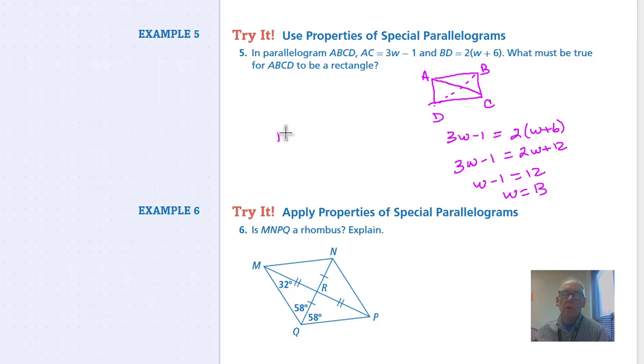So if w equals 13, AC is going to be congruent to BD, and parallelogram ABCD is a rectangle.